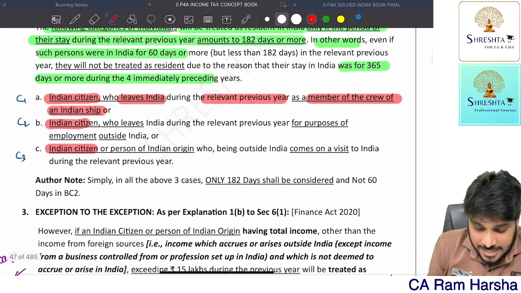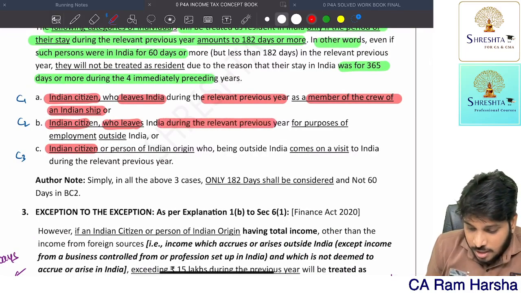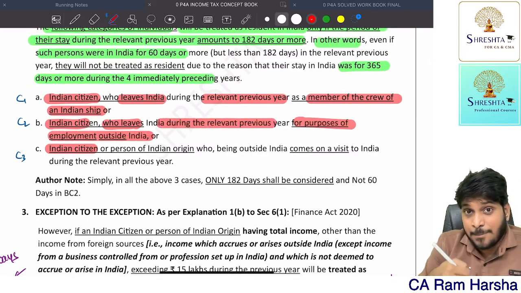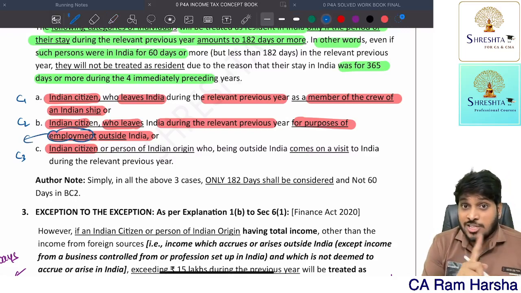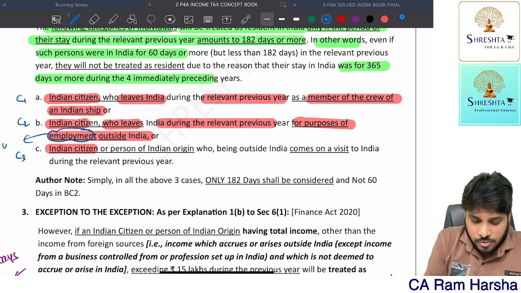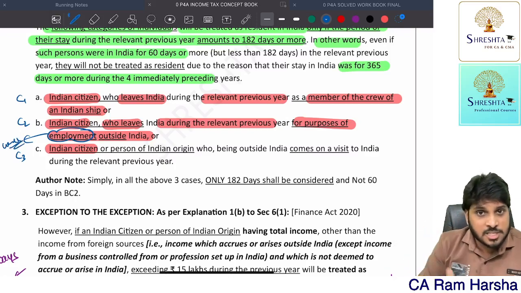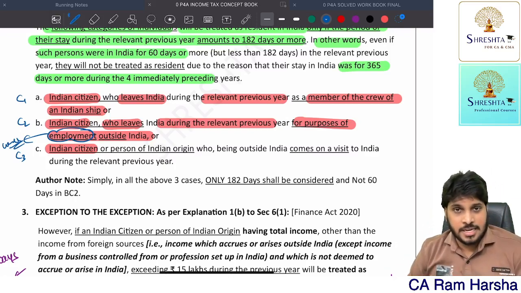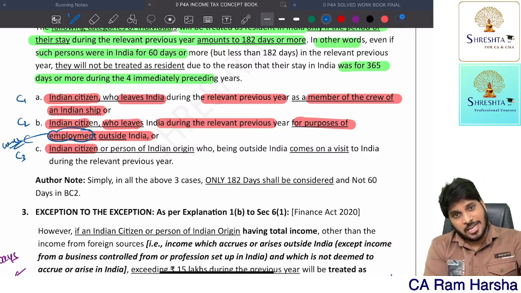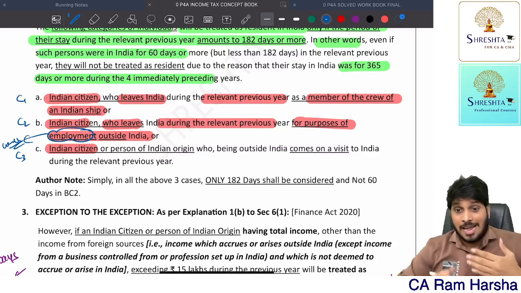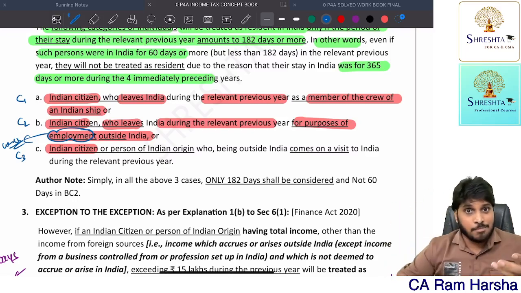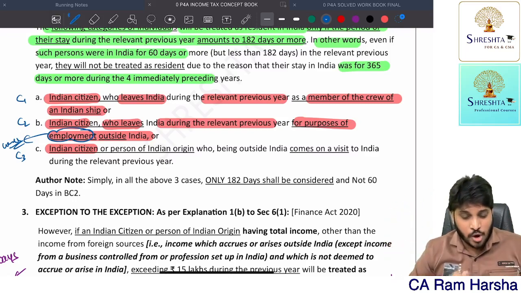Or an Indian citizen who leaves India during the relevant year for the purpose of employment outside. Remember, employment doesn't mean only a job. Employment means some work. Even if you are going for business purpose, it's called employment. You're leaving India for employment, to do business there or a job outside. If you temporarily go to visit and come back, that is not treated as employment.